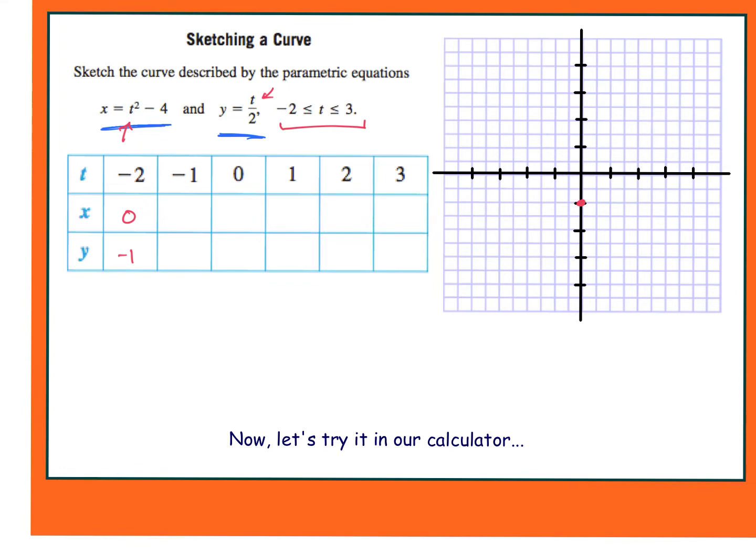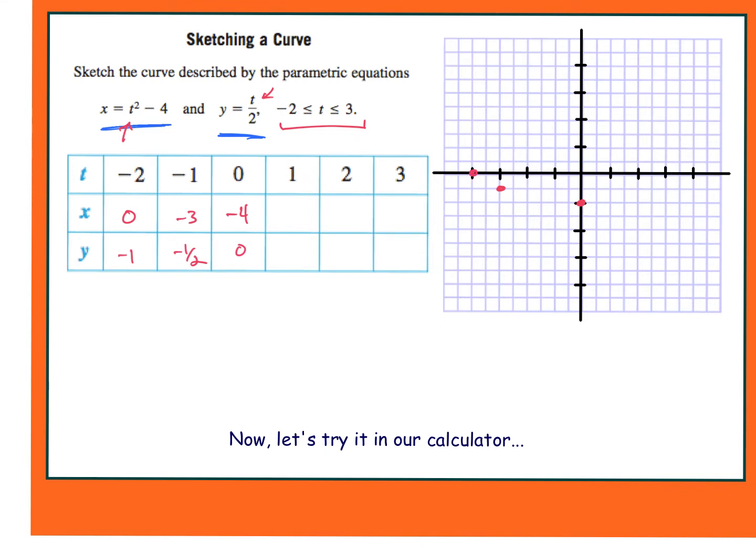So what would I get? -3. And then what would be my y? -1/2. So I'd graph -3, -1/2, just like that. And then I substitute in 0. What would be my x? I'm sorry, -4. And then what would be my y? 0.